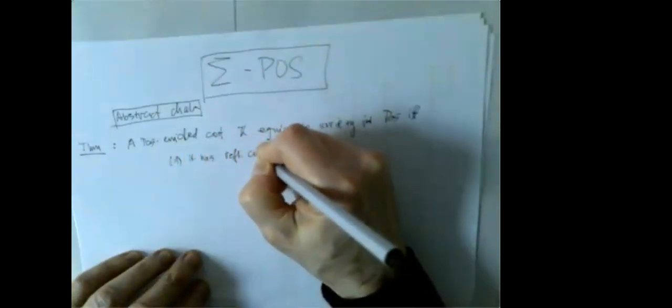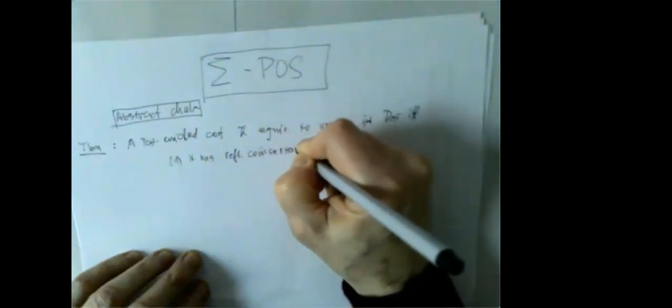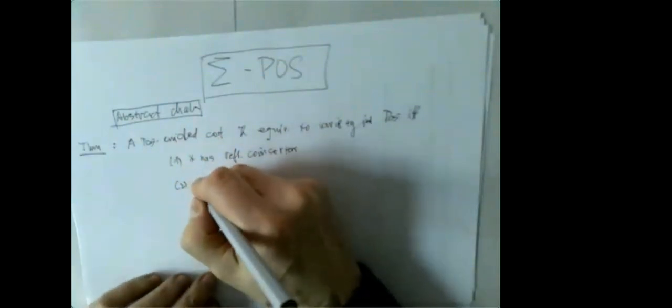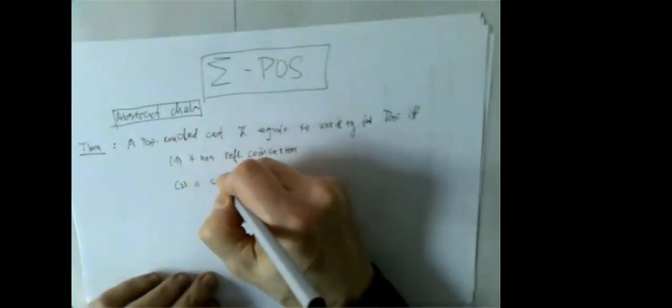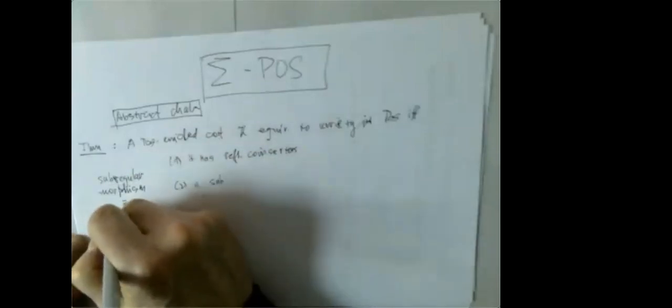So the coinserters of reflective pairs you can form. And secondly, it has a generator. I call a morphism subregular if it is a coinserter of whatever pair.